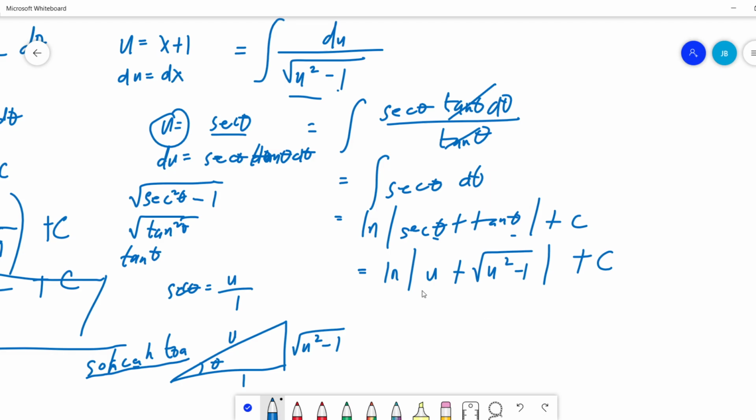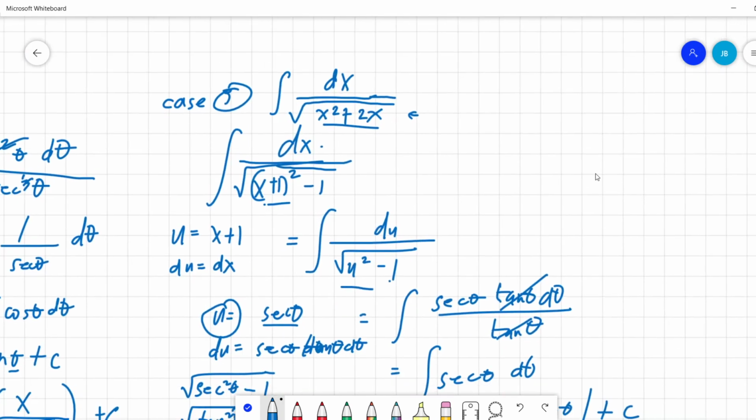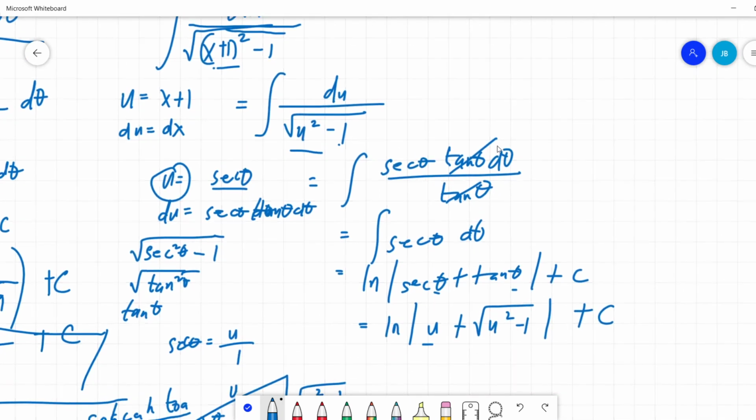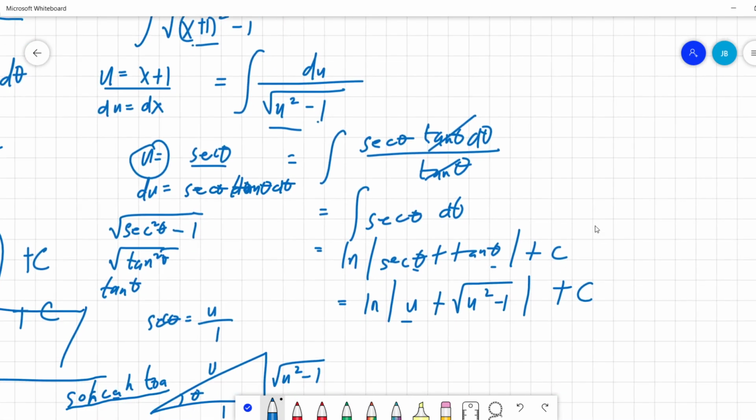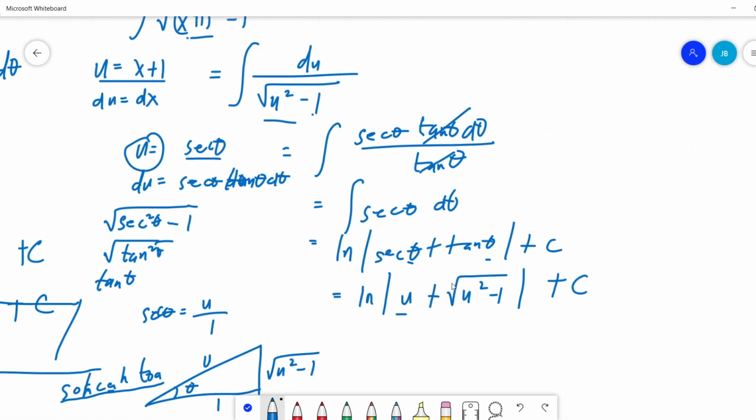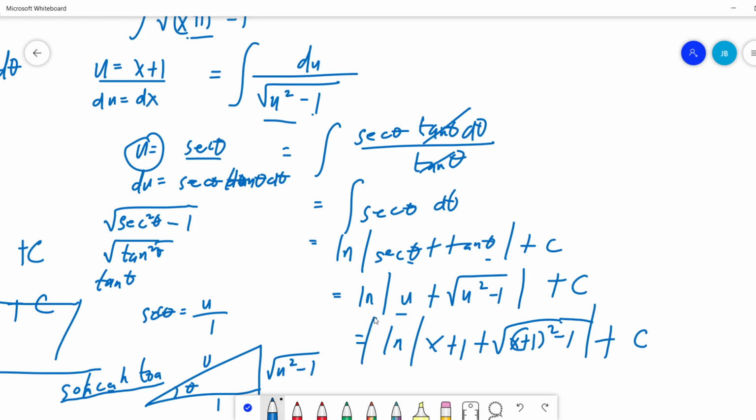Okay, this is in terms of u, but our original equation is in terms of x. So change u back to x. So u here is x plus 1. Therefore, you will have ln of x plus 1 plus the square root of x plus 1 squared minus 1 plus c. This is our final answer.